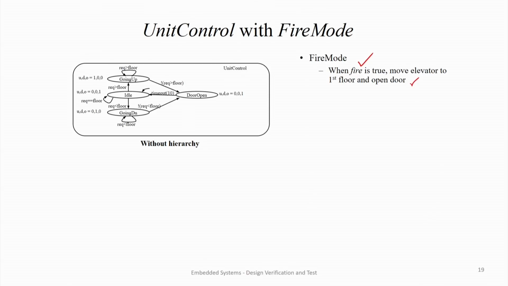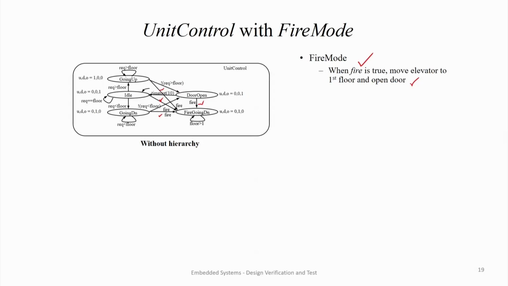So, how do you capture this without hierarchy? You have explicit fire transitions from all the states of our original unit control FSM to a new state called fire going down. So, when you have a fire, you go to fire going down. In whichever floor you are, you go to the first floor and you open the door after you go there.